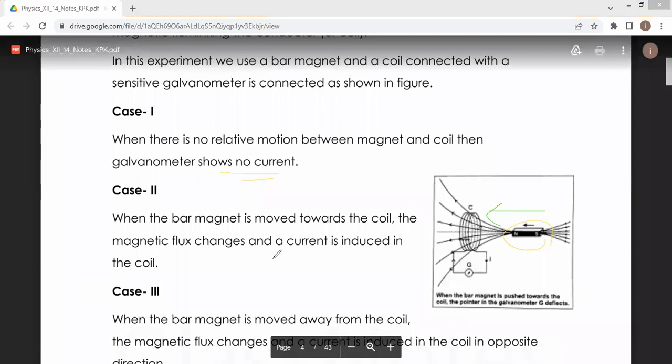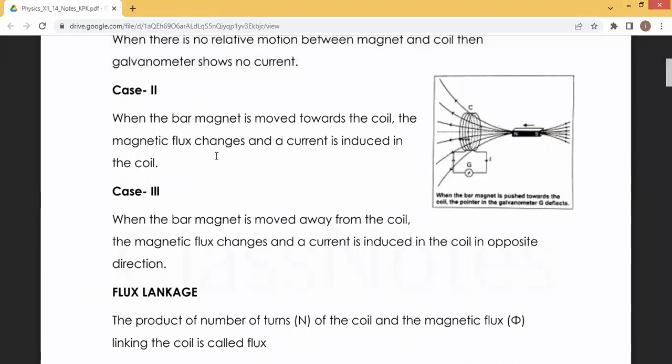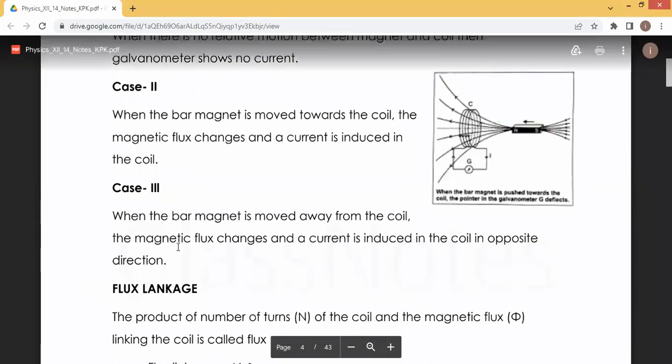So when there is motion, there is induction of electric current. When the bar magnet is moved away from the coil, the magnetic flux changes and a current is induced in the opposite direction. So this is all about the induction when a magnet is moved in field lines. It will induce a current.